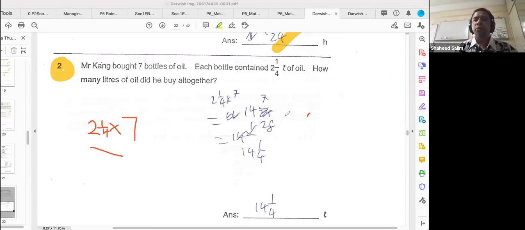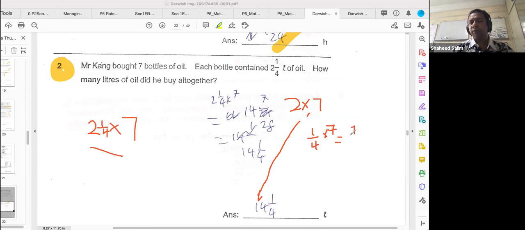So now I'm going to show you how to do this one by working. You cannot just like that. If 2 times 7, you're correct, 14. But there's a 1/4 there. So you can do it like that: 2 times 7, 1 over 4 times 7. This one, how much you get? You cannot divide, right?